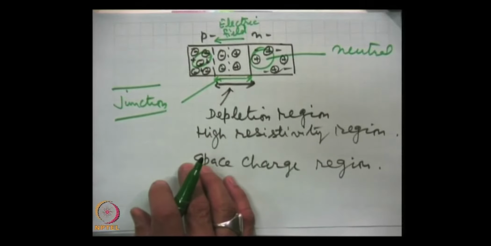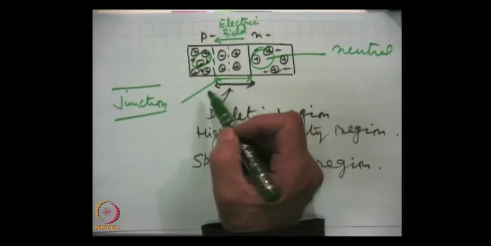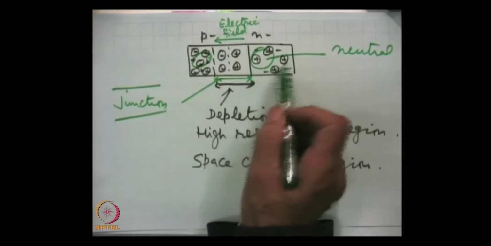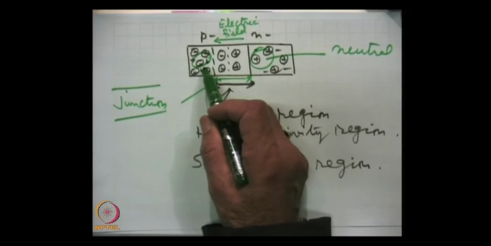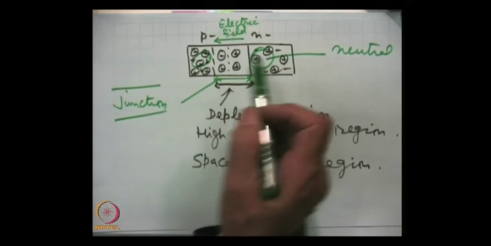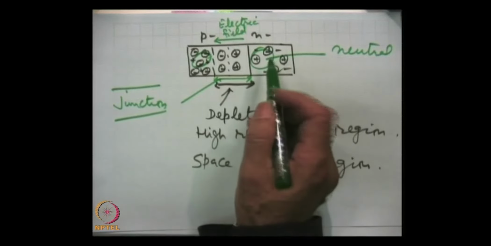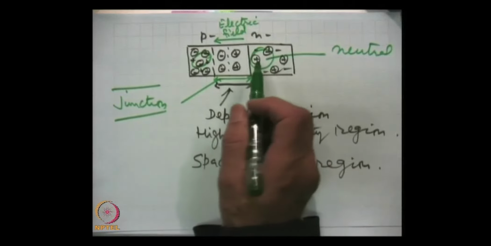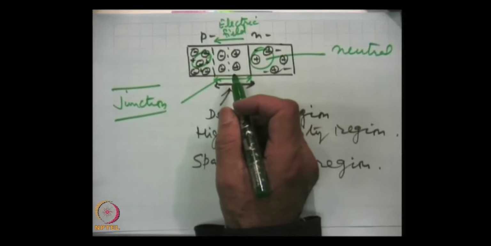Because of this electric field, the holes here which were in minority will drift towards the p region, and electrons which were in minority in the p region will drift towards the n region, and that will constitute what we call drift current.